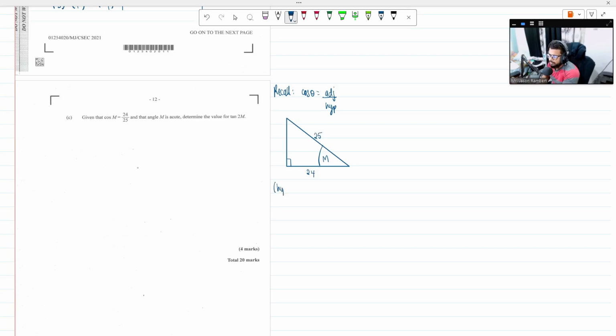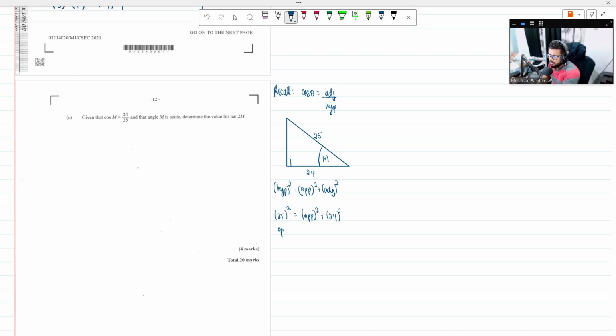So I'll calculate my opposite. Hypotenuse squared is equal to opposite squared plus adjacent squared. The hypotenuse is 25. 25 squared is equal to, I don't know what the opposite is, so I'll leave that as opposite squared plus 24 squared.